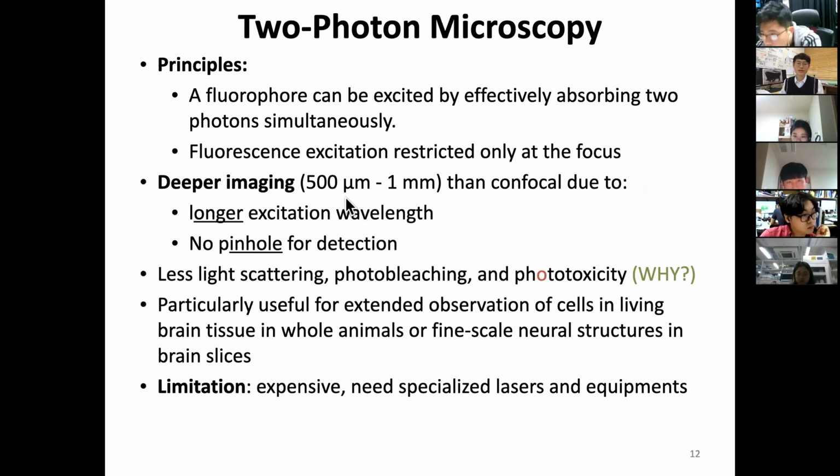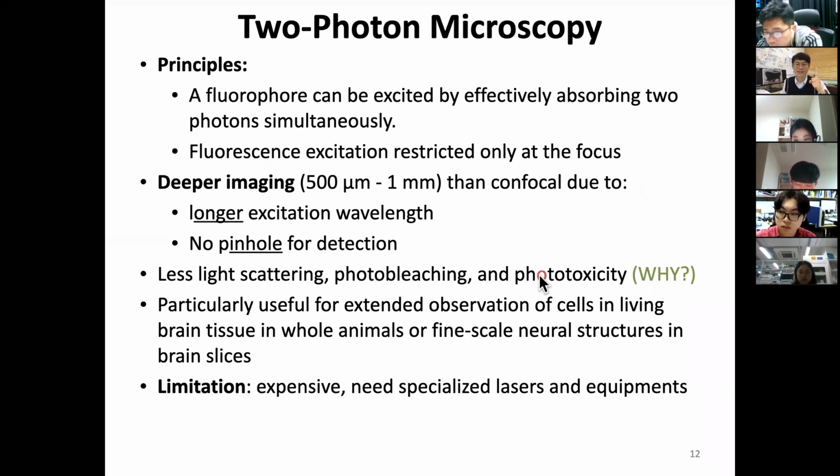So another advantage, accompanied by this principle, is actually less light scattering and less photobleaching. Confocal has fluorescence above and below the focus, two-photon does not. So it doesn't have as much photobleaching, and also phototoxicity, which comes from making fluorescence. The cells inevitably generate more toxicity, okay?